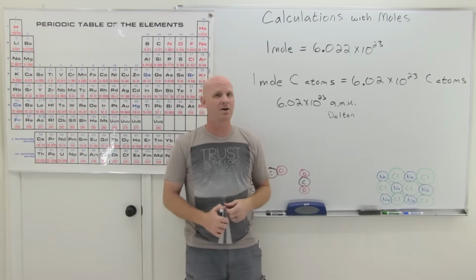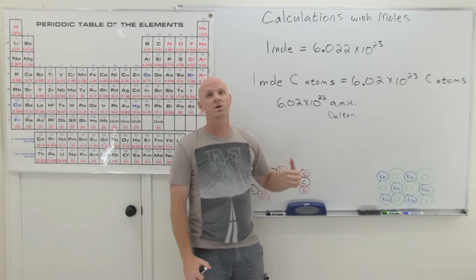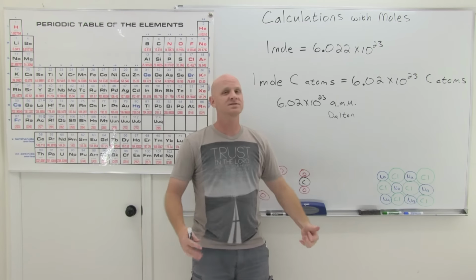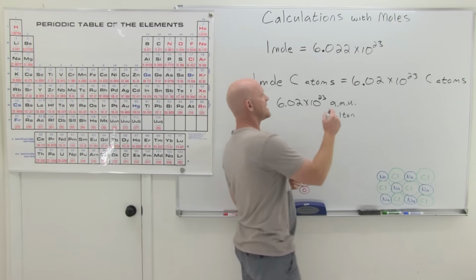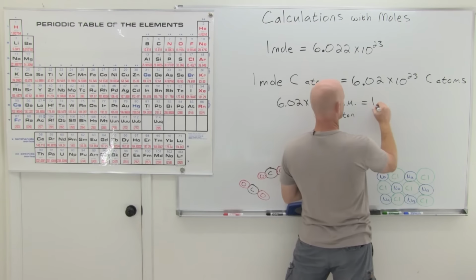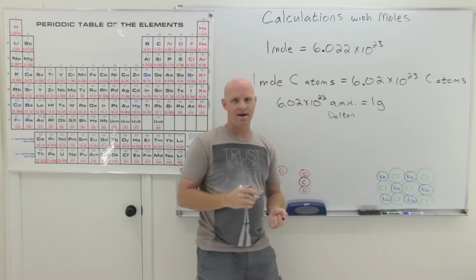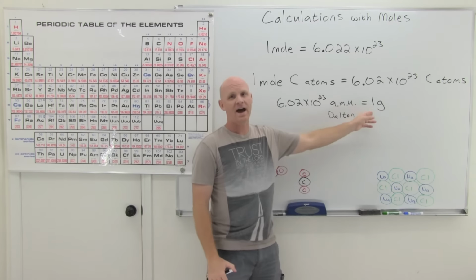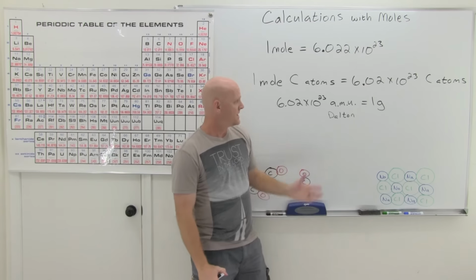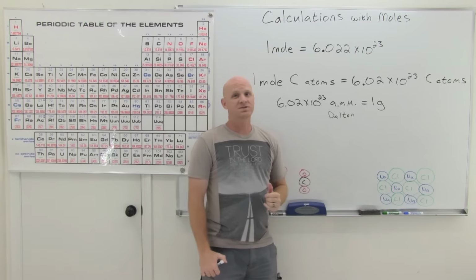If you're in a biochemistry class, you're going to almost exclusively use the word Daltons, but they're the same thing, FYI. All right, so it turns out that Avogadro's number of atomic mass units is equal to 1 gram. So this is your connection now between grams and Avogadro's number. And this is going to be important, as we'll see here in a minute.